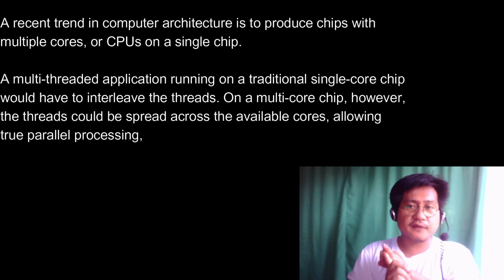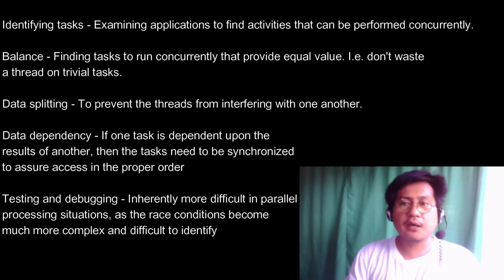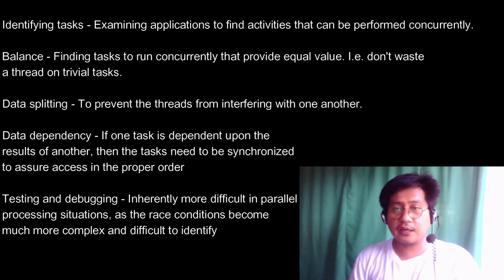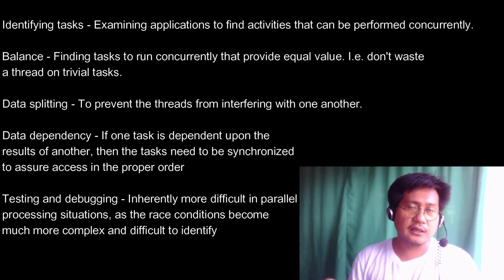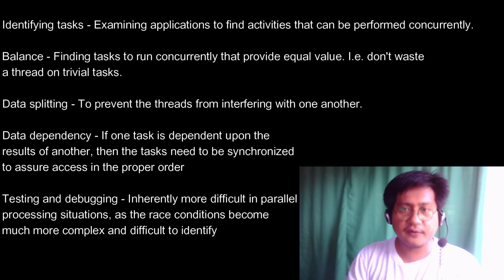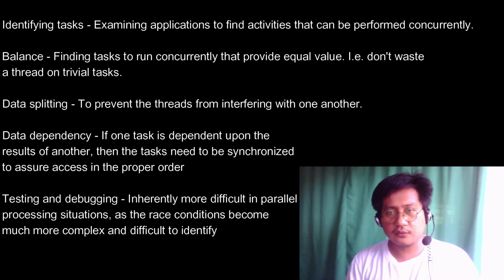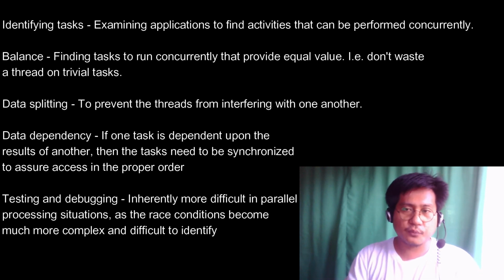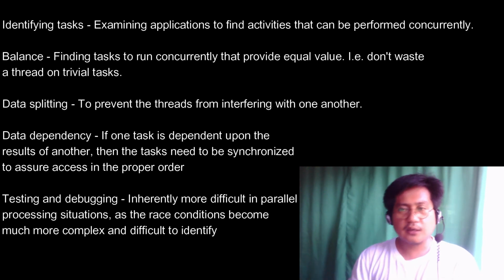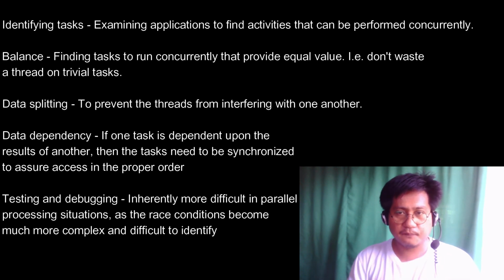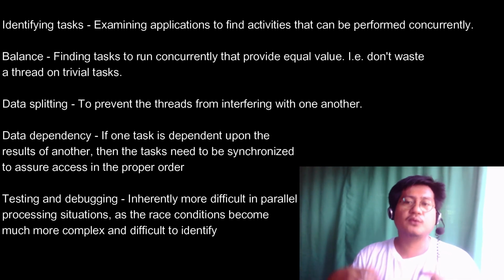First is identifying tasks, examining applications to find activities that can be performed concurrently. The second is balance, finding tasks to run concurrently that provide equal value. You don't want to waste a thread on a trivial task. The third is data splitting, to prevent the threads from interfering with one another.